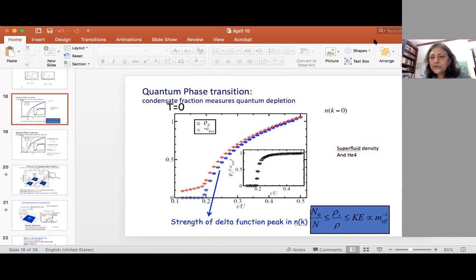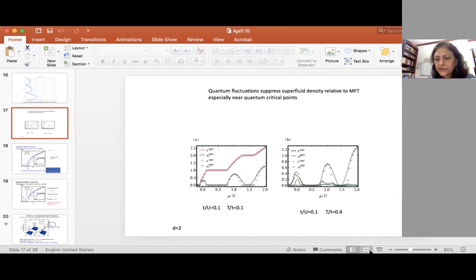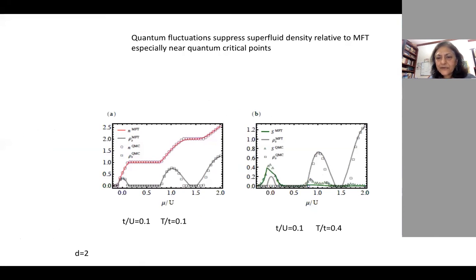Now what I want to do is bring in temperature and the tuning parameter and try to understand this quantum critical region. So we have to go away from mean field theory because we have to put in the fluctuations. You can see my screen, right?